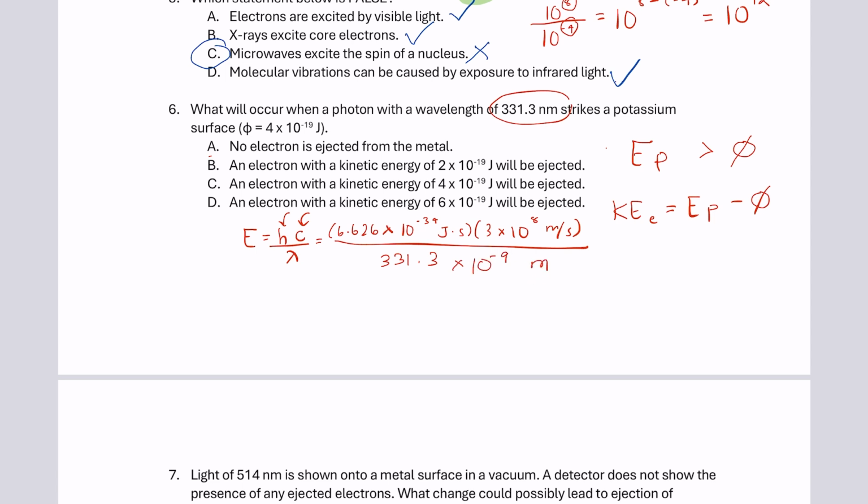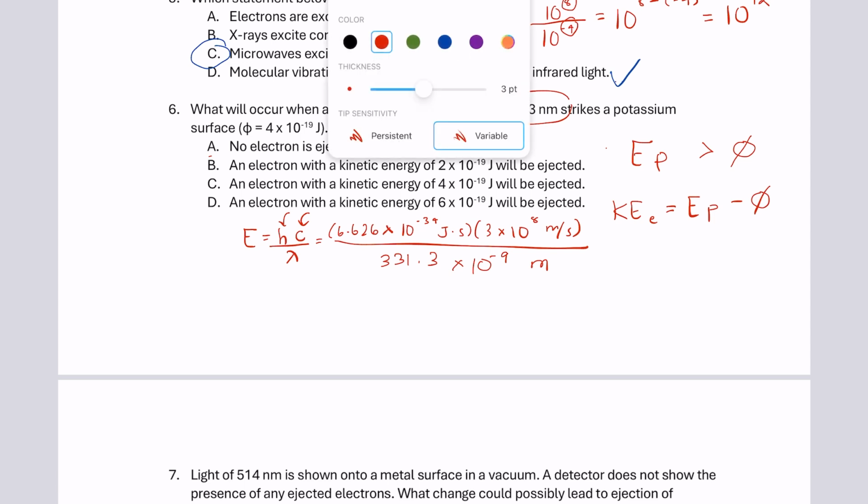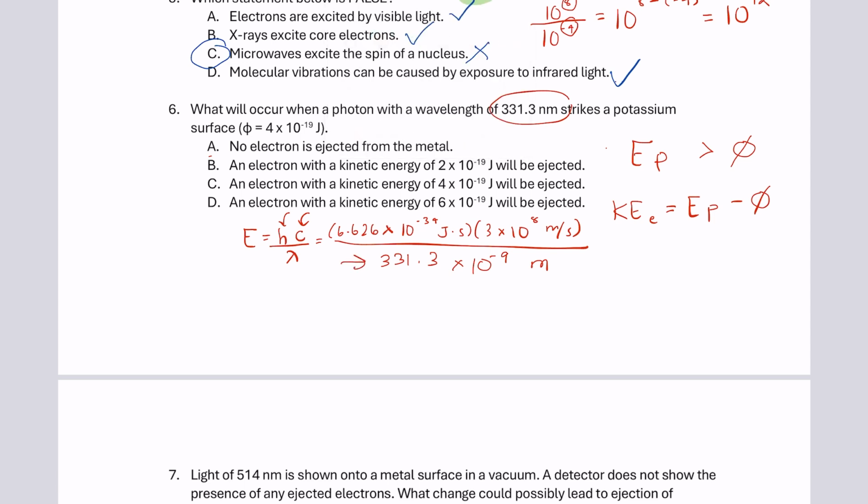You can plug this into a calculator or you can do this by hand. To do this by hand, the first thing we want to do is rewrite the denominator. I'm going to go ahead and move this decimal place 2 places to the left. When I do that, I have to add 2 to this exponent. So that means our denominator is now 3.313 times 10 to the minus 7 meters.